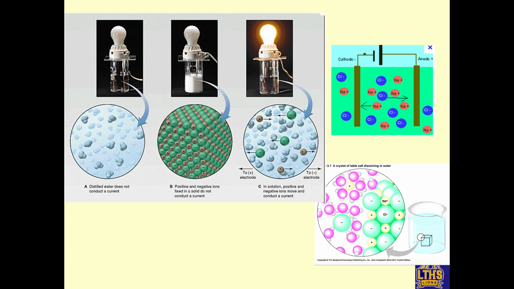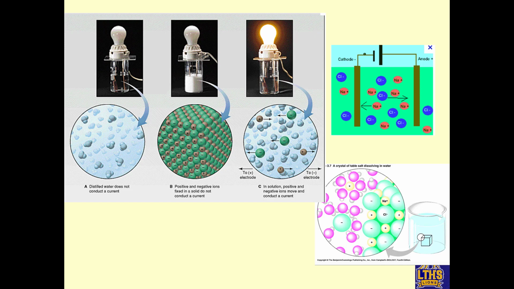Here is a model of ionic compounds and their conductivity. When you put electric current through an ionic solid, it does not conduct electricity because the ions are stuck in place. Look at that repeating pattern, the crystal lattice structure. When you run electric current through pure water, it does not conduct electricity because the water molecules are bonded together.